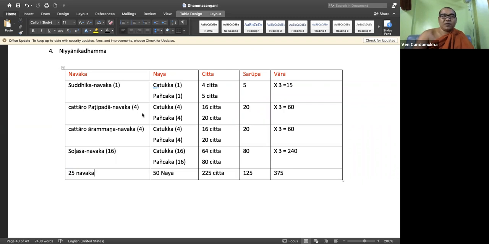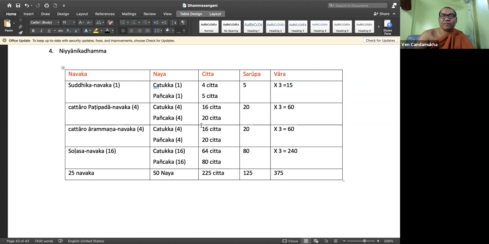In the Padivara Navaka, each one will have four Naya. The Aramana Naya Navaka is also the same. In the Soḷasa Navaka also, each method will have 16 Naya. That's why altogether we have 50 Naya.